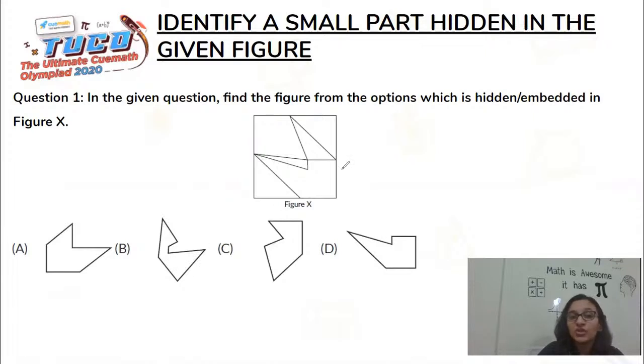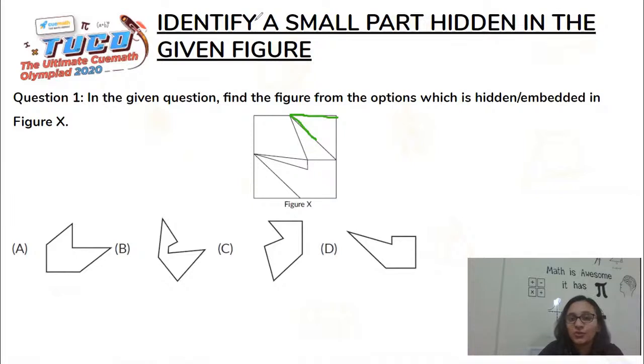Option B also is not present anywhere, because if you try to trace out a similar shape inside this figure X, we would not be able to trace it anywhere. Same goes for this one, because it has a sleeping line or a horizontal line like this. If you were to trace it out, you go like this, then you come a bit down slant ways, and then it has to go this way, but it is nowhere going like that.